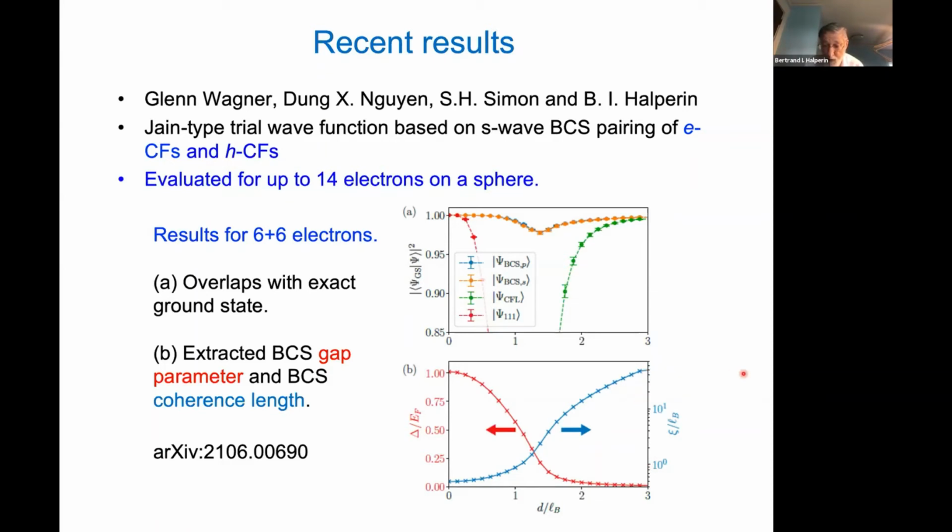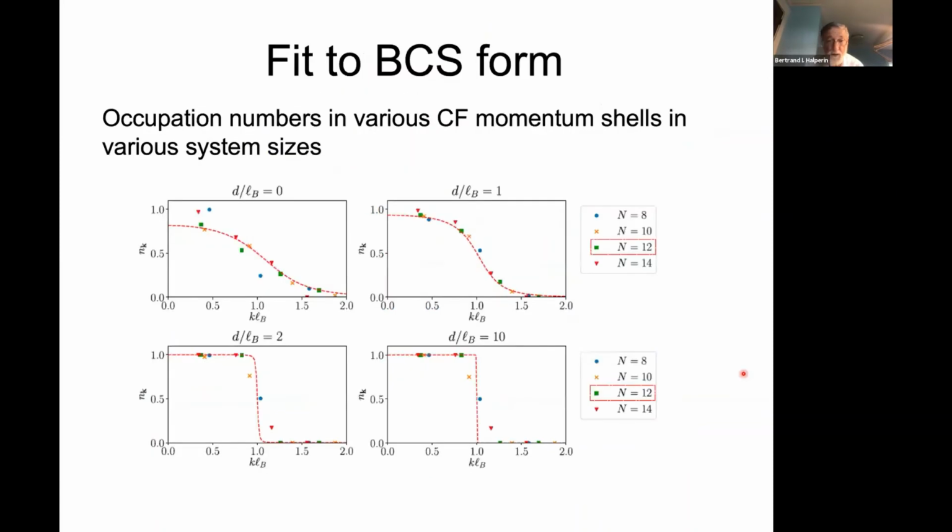But these are just finite-sized systems, so you have to take it all with a grain of salt. Here's what actually happens if you try to fit to the BCS form. What we do is we're calculating a wave function, which is occupation numbers in various composite fermion momentum shells in various system sizes, and you try to fit it to a BCS function, which tells you how the occupations N of K should fall off with K divided by LB. K LB is basically the same as K over the Fermi momentum.